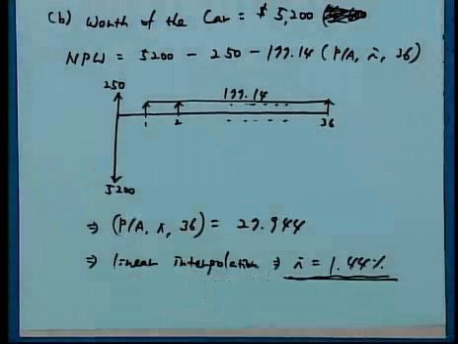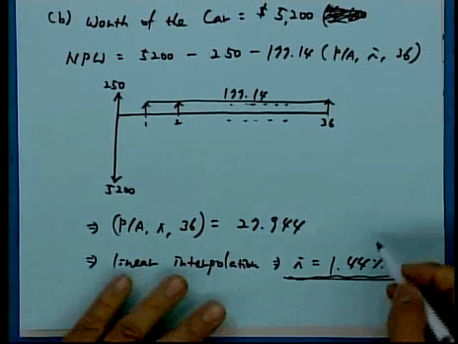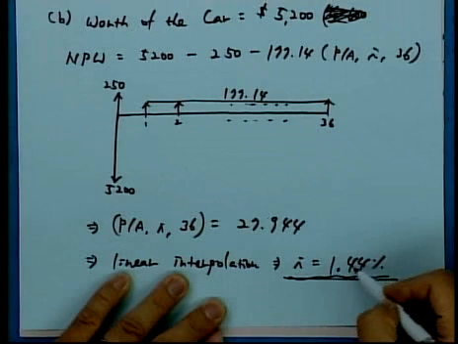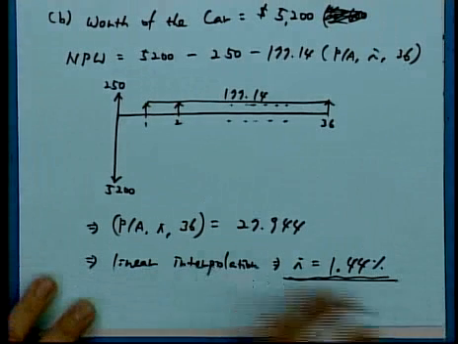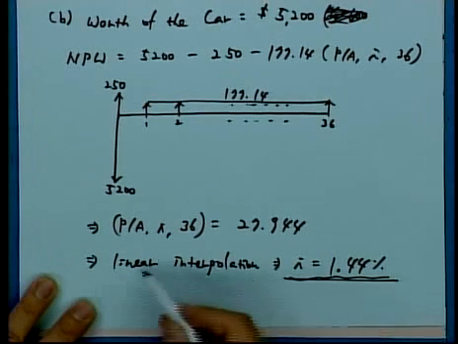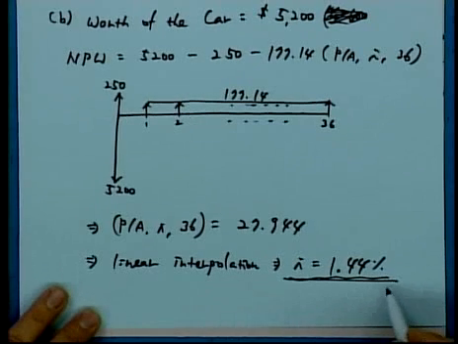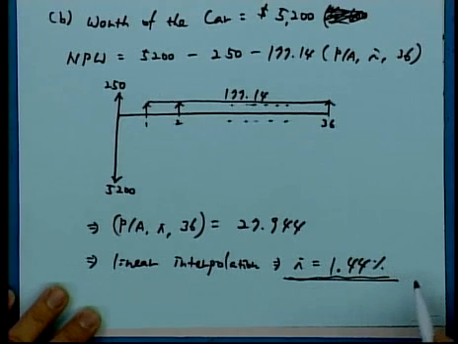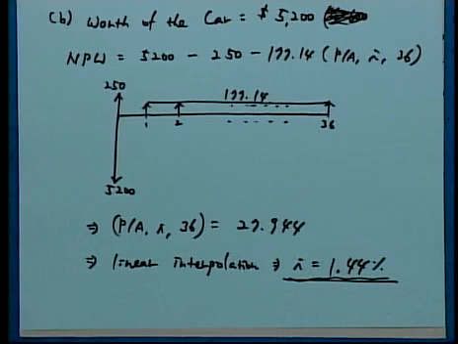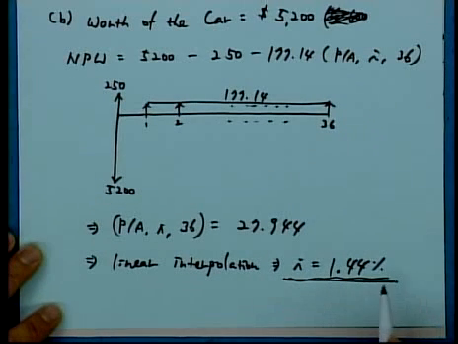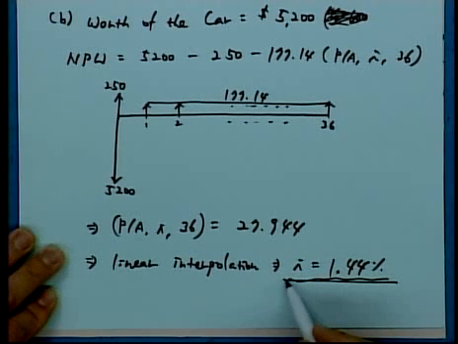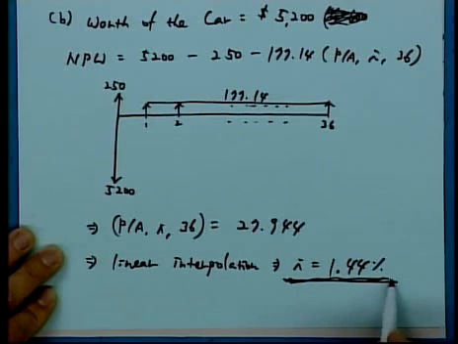Okay. Again, I'm not going to go through all the details of this linear interpolation procedure because it is time consuming, and we've already done it many times, so you should be able to do this by yourself. So please double check this value at home.